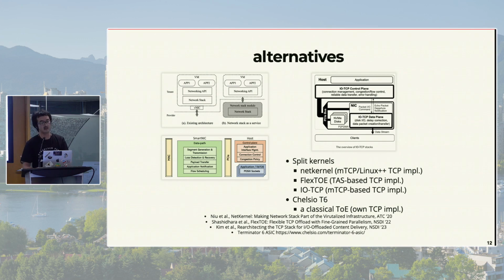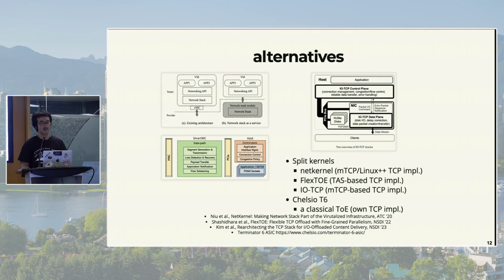The host kernel part implements various pluggable TCP implementations. They have implemented with mTCP, one of the user space TCP stacks, or an extension of the Linux kernel. FlexTOE is almost similar.